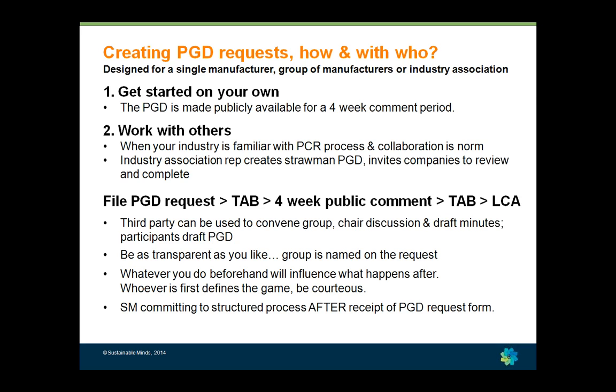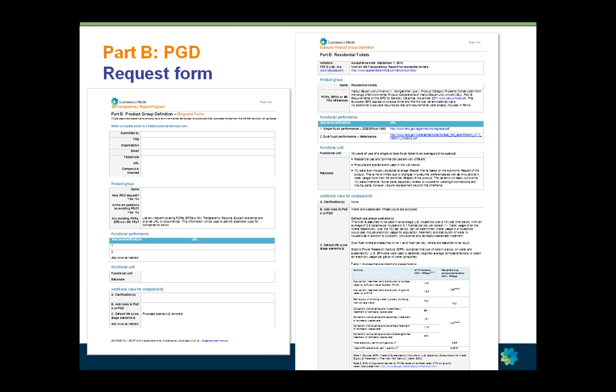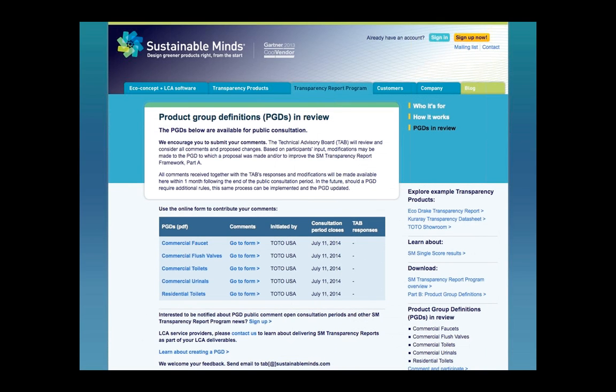That goes to the TAB committee, which reviews it and puts it out for public commentary, a public consultation that lasts around 4 weeks. Then the TAB gathers all the comments, responds to them, and reviews the PGD accordingly, and after that it's published as a finished PGD.